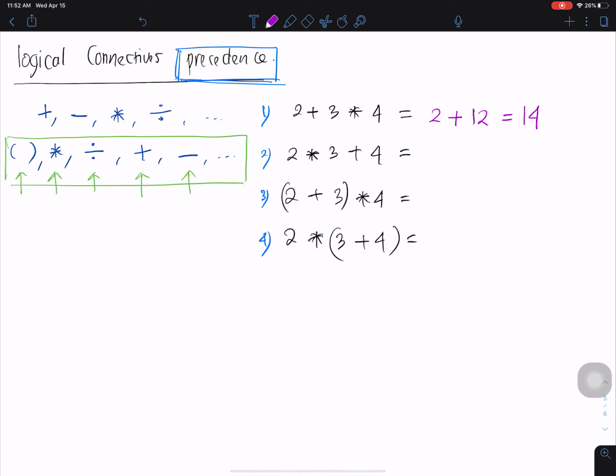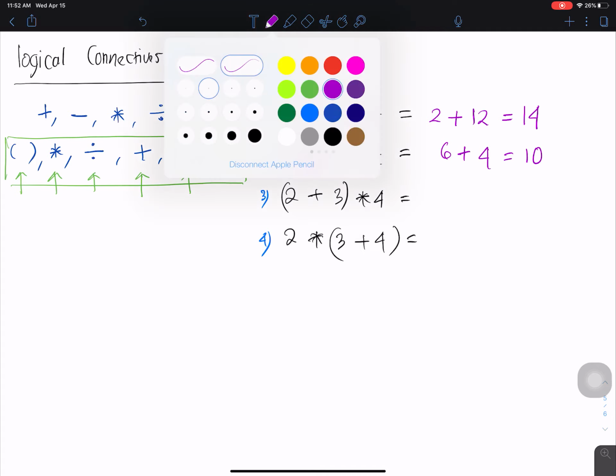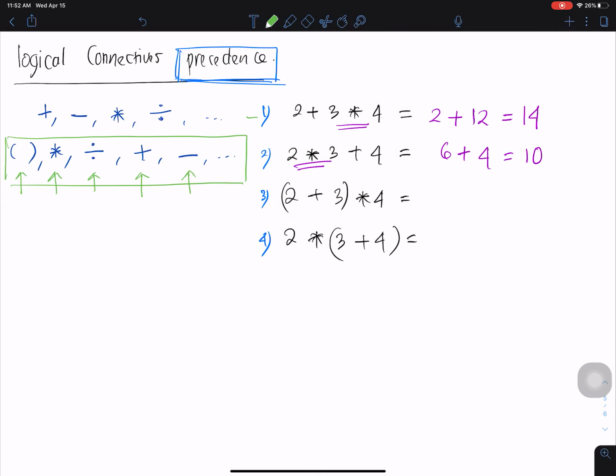Over here, 2 times 3, so you will work on this one first, then you will get 6 plus 4, that will become 10. Contrast with number 3. It's the same problem as number 1, just that in number 3 we have bracket.